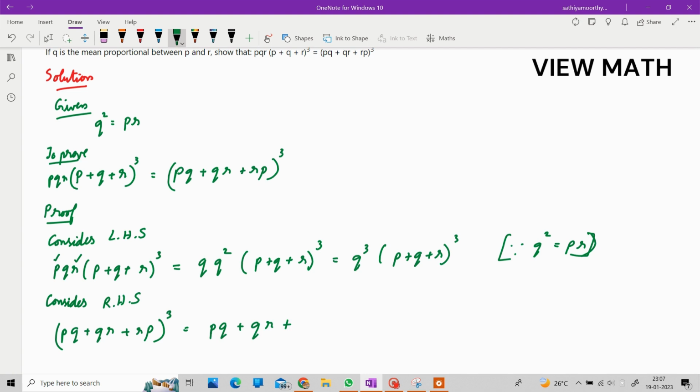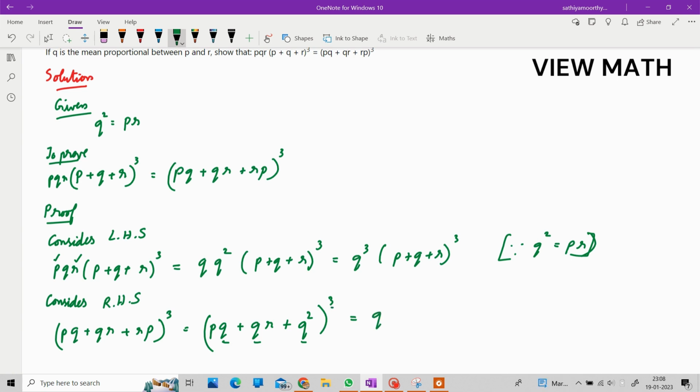RP is PR or RP, both are equal to Q square. So instead of RP I am going to substitute Q square, the whole cube. Now I can see Q is common in these three terms. I am going to bring this Q outside the bracket, so it comes with the power 3.